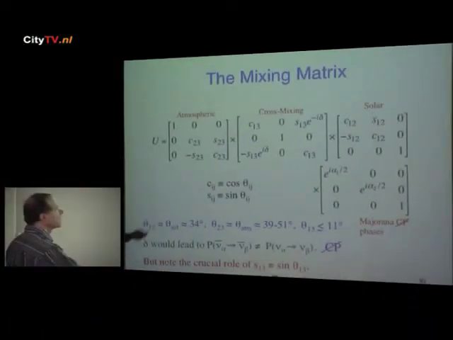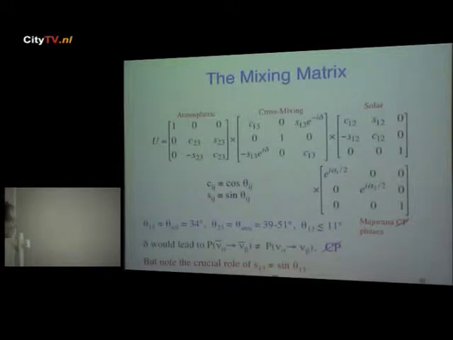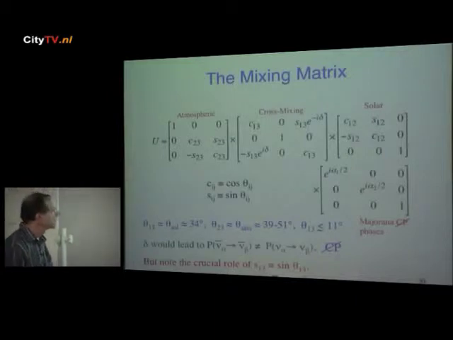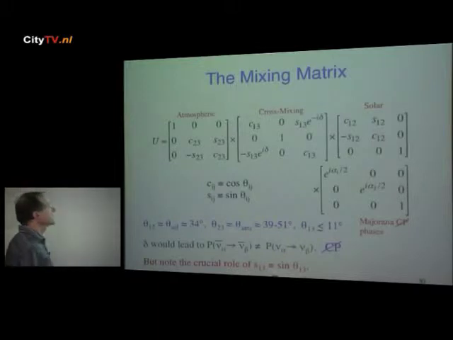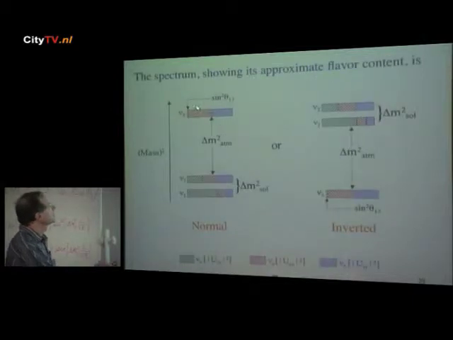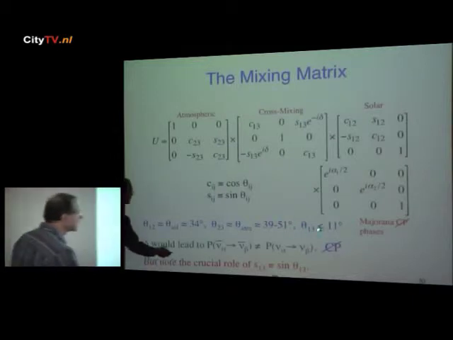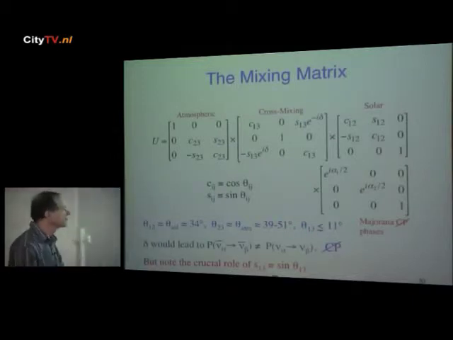One factor involves a mixing angle theta 1,2, which dominates what the solar neutrinos do, and that's also very large. It's not 45 degrees, but it's 34 plus or minus something like 1.5 degrees. Finally, there is this cross-mixing 1,3 mixing factor in the middle. It involves this mixing angle I called theta 1,3, about which we know only that sine theta 1,3 is less than 0.03, or correspondingly, theta 1,3 is less than something like 11 degrees.